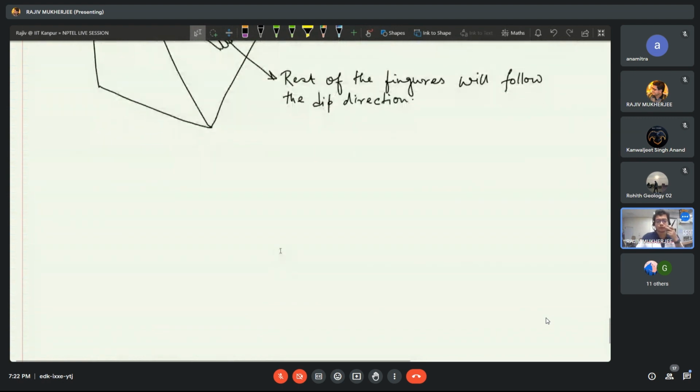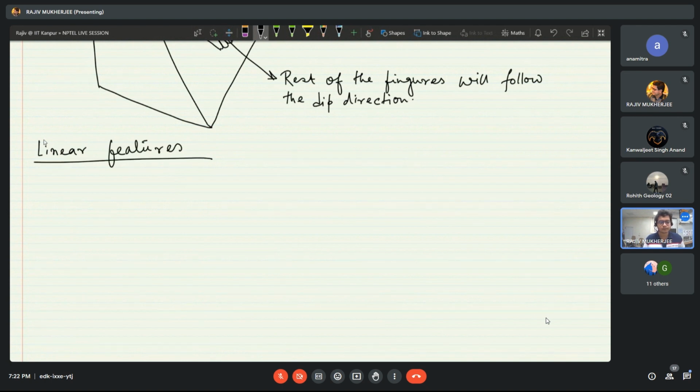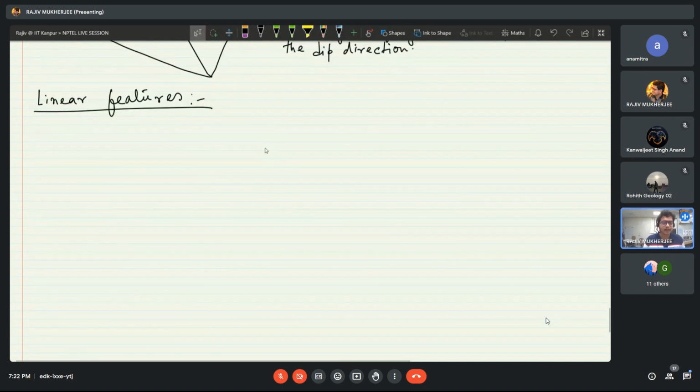Moving on to linear features. Linear features are essentially lines which we measure on a plane.